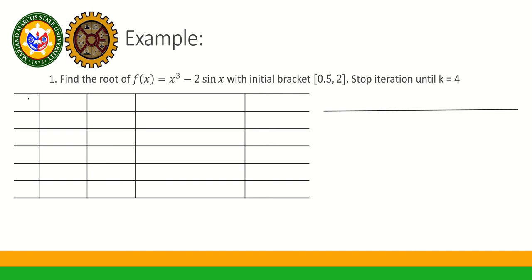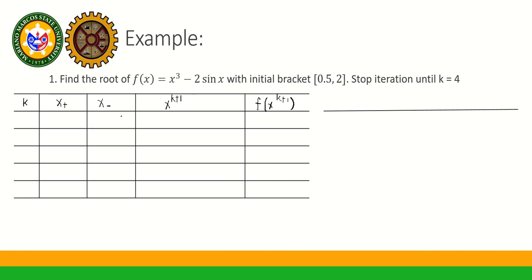So yung table natin, column 1 will be values for k. Tapos column 2, values for x positive, and then x negative, and this is x raised to k plus 1 from the formula. Tapos this will be the function of f of x raised to k plus 1.